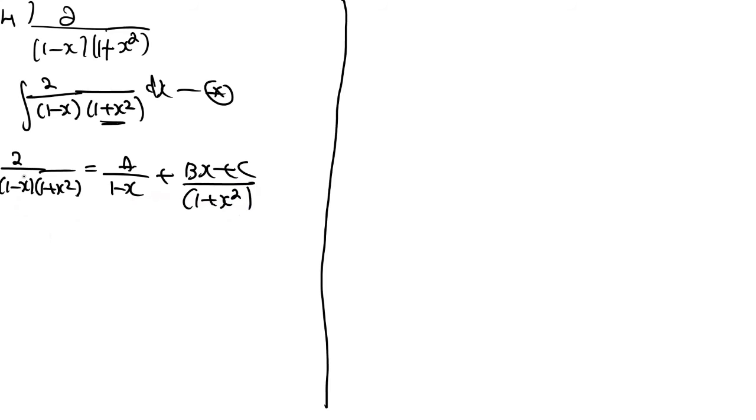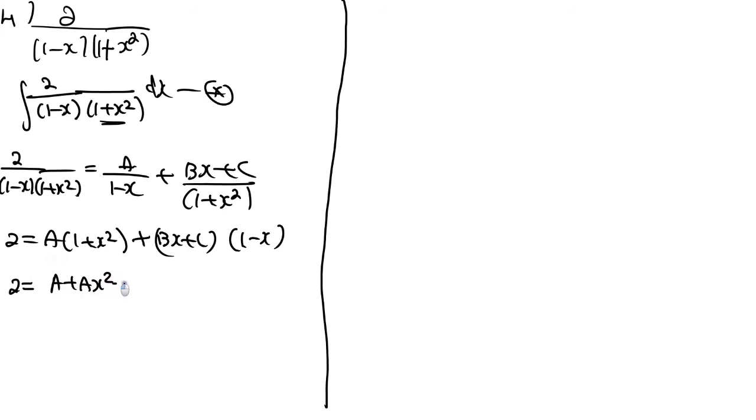So 2 is equal to a into 1 plus x square plus bx plus c into 1 minus x. Further simplification: 2 is equal to a plus ax square plus bx, bx into minus x is minus bx square, c into 1 is c, minus cx.